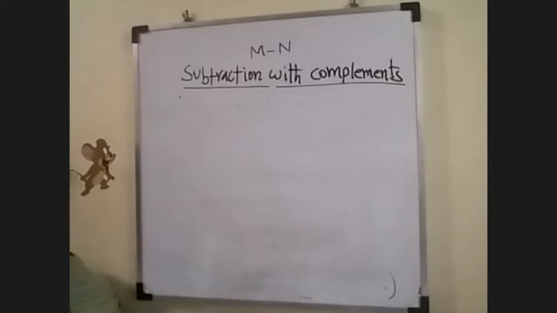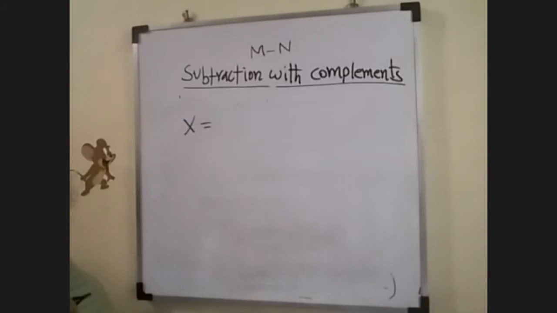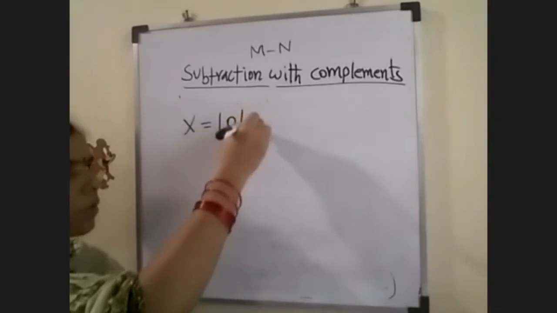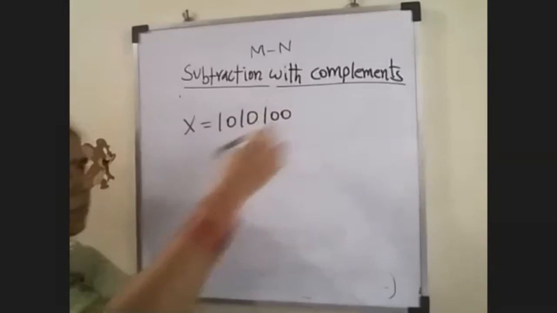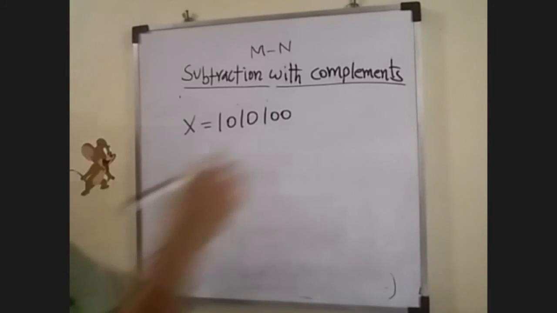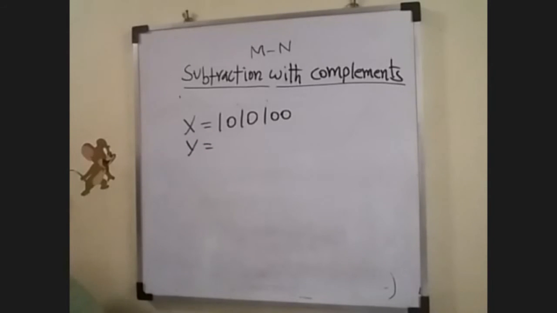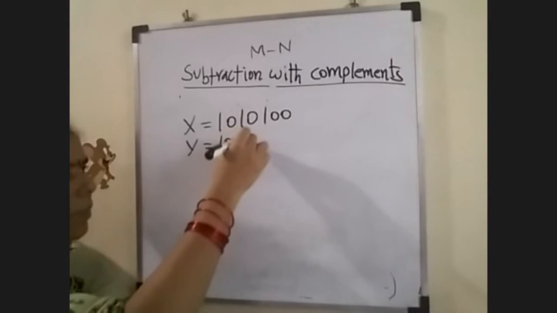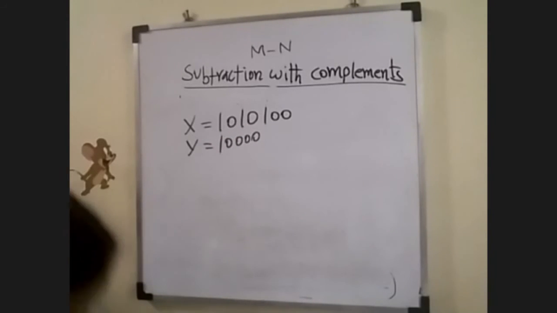Given the binary numbers, note down. X is equal to 1010100, and y is equal to 10000011.